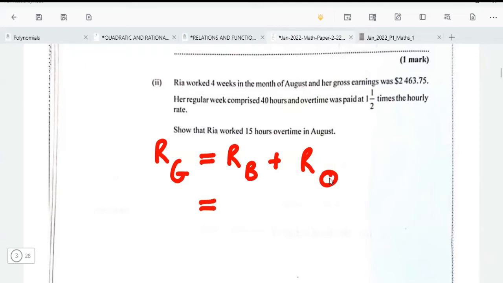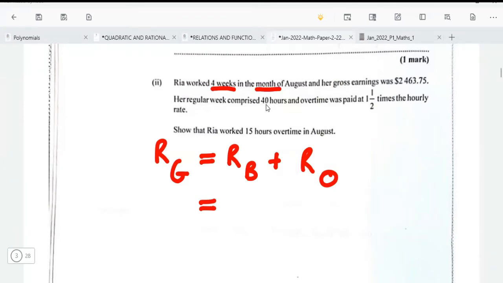Now, her basic wage would be based on how many hours she worked. She worked 40 hours in a week, but this is when she's working 4 weeks in the month.